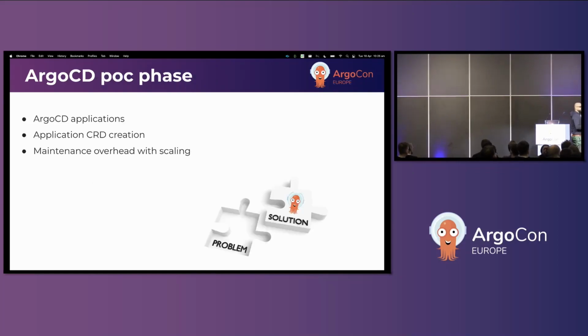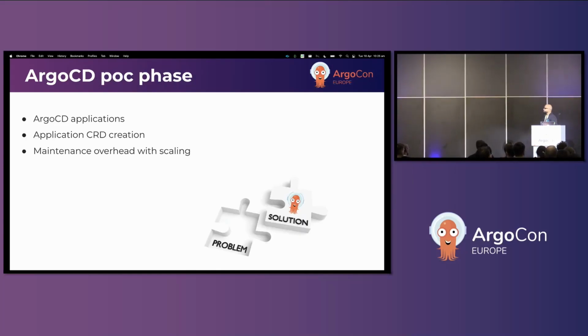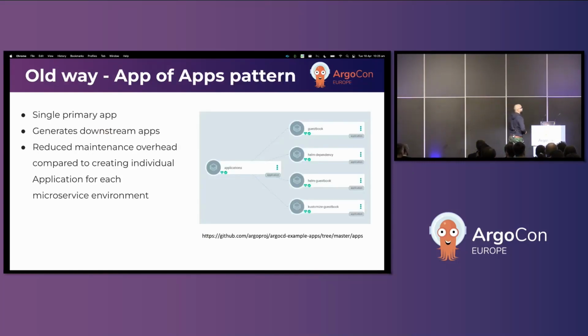So the POC phase. We first came across ArgoCD applications. While it did provide us benefits using the GitOps model and creating the ArgoCD CRD, it still had too much maintenance overhead for scaling purposes. Then we came across another way of doing things, which is the app of apps pattern.